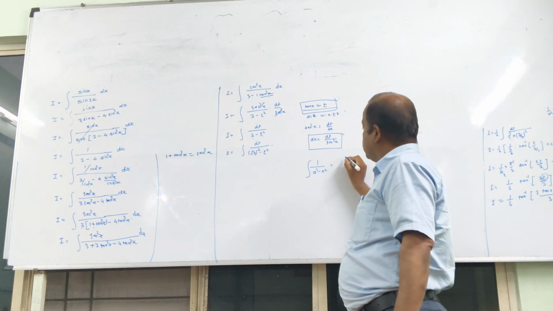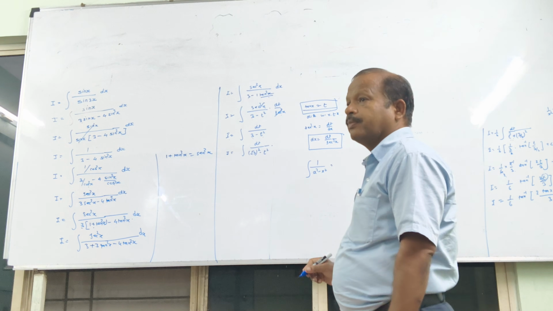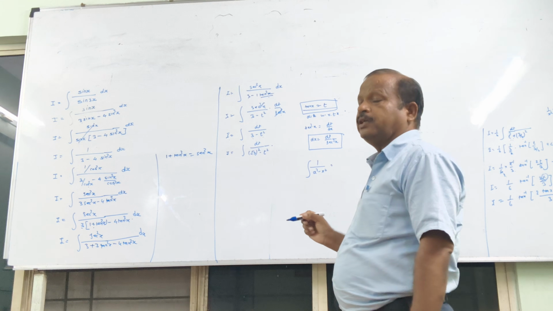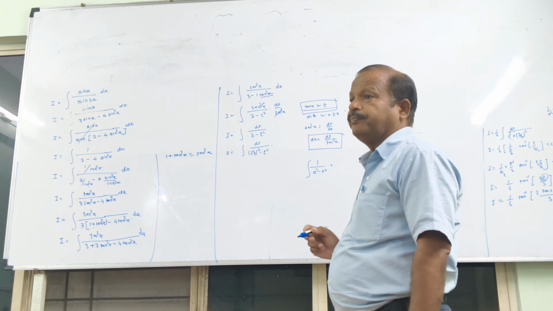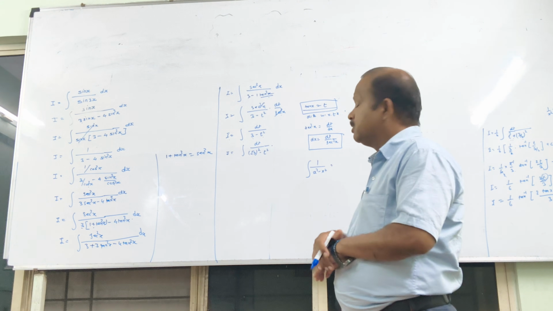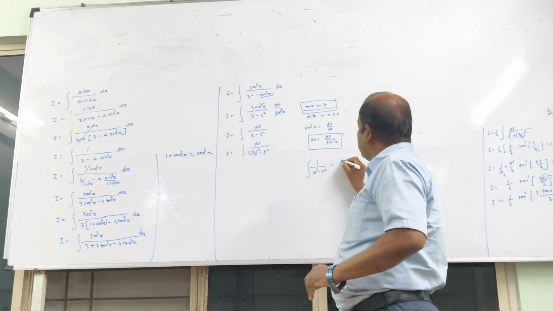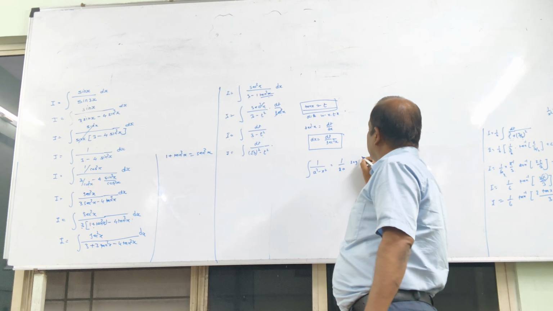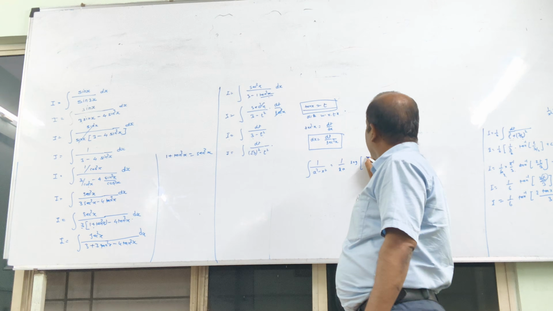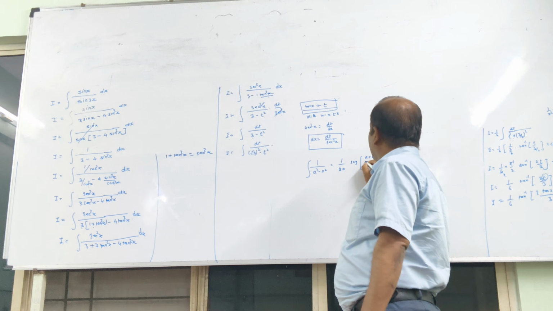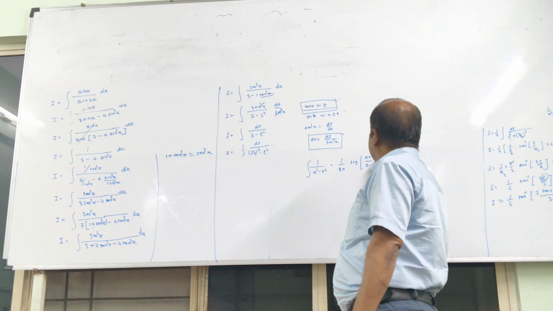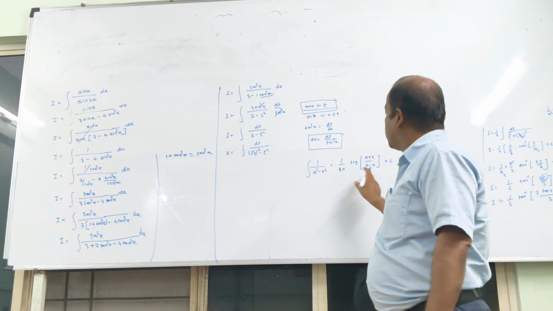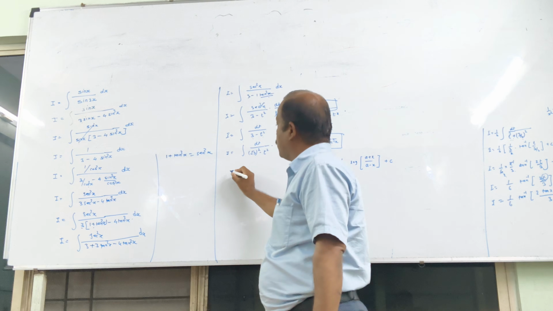It is 1 upon 2a log of a plus x upon a minus x plus c. So using this formula we can simplify the given problem.